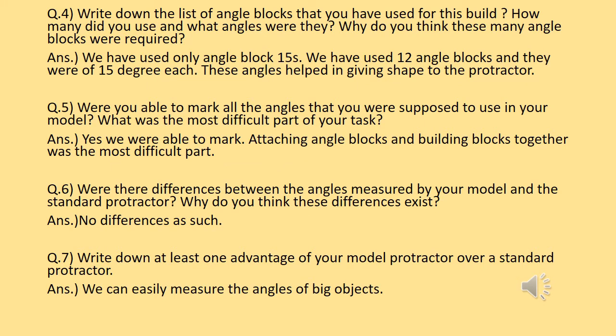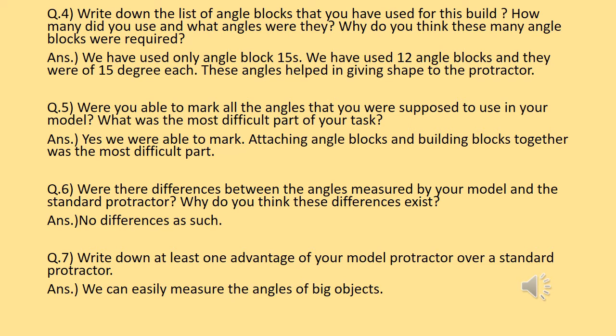Question 4 is, write down the list of angle blocks that you have used for this build. How many did you use and what angles were they? Why do you think these many angle blocks were required? Answer is, we have used only angle block 15s. We have used 12 angle blocks and they were of 15 degree each. These angles helped in giving shape to the protractor.